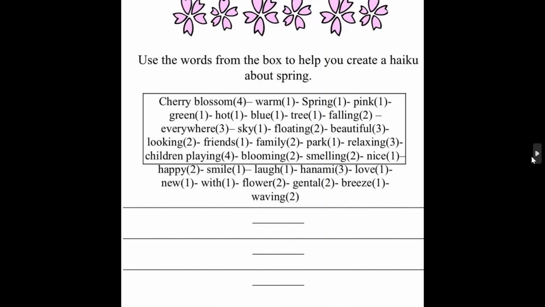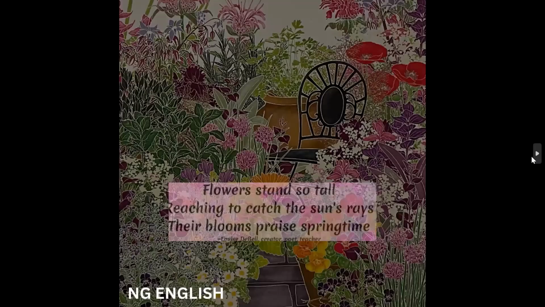But you can also completely avoid these words and just try to create your own. For example, flowers stand so tall, reaching to catch the sun's rays. The blooms praise springtime. From Louise Bell.